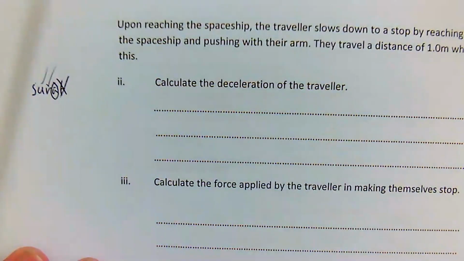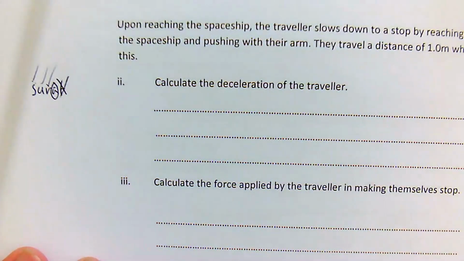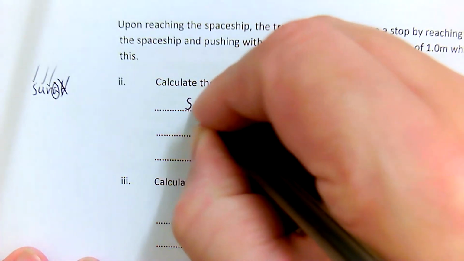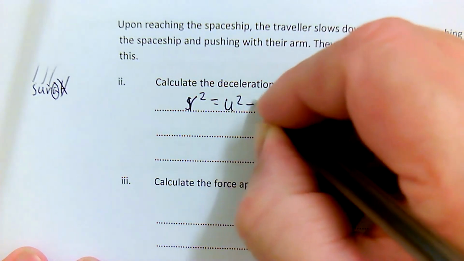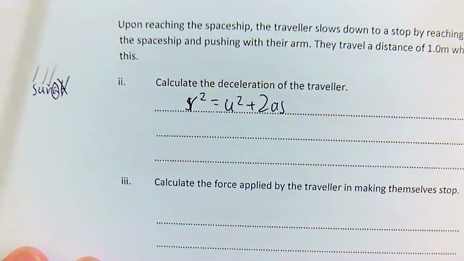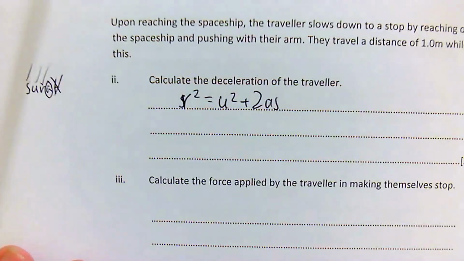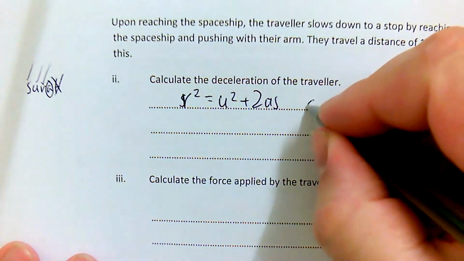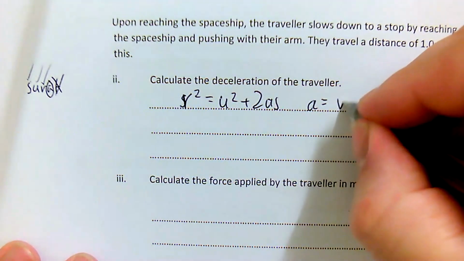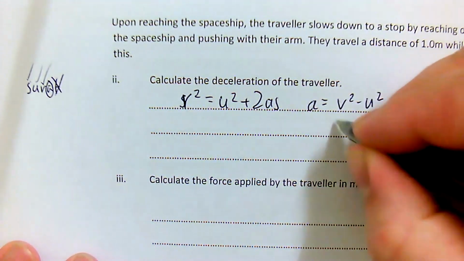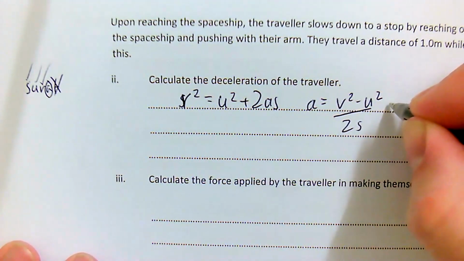We know that it comes to rest, so that's 0, the final velocity. And we have the distance, it's 1 meter. So what we're going to use is v squared equals u squared plus 2as. That'll give you the deceleration. Well, the acceleration is going to be v squared minus u squared over 2s.